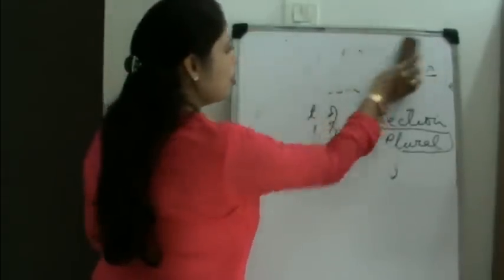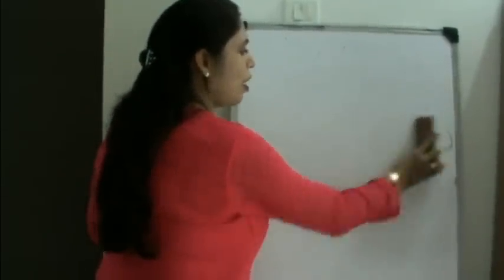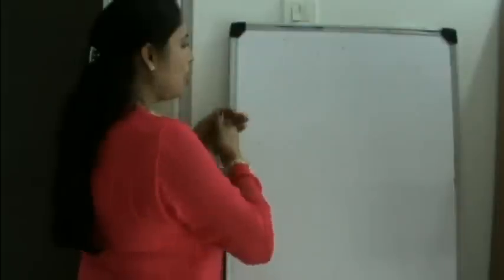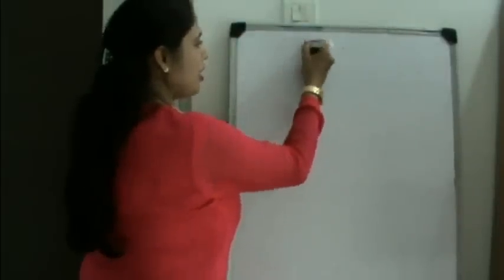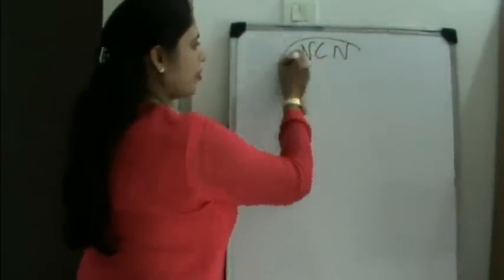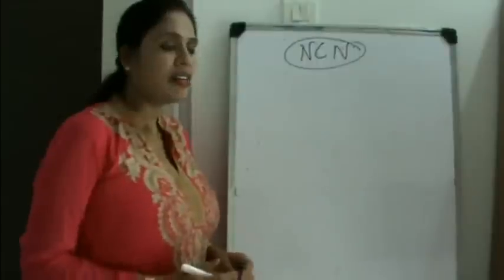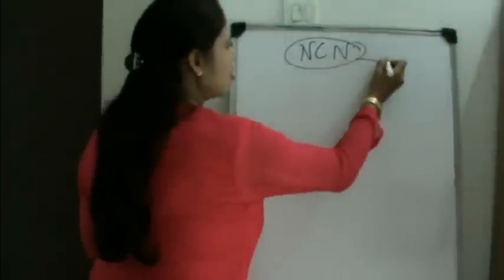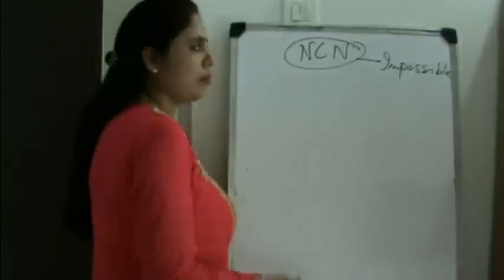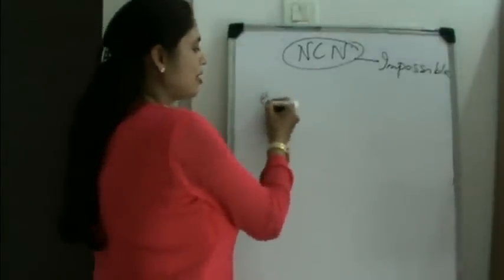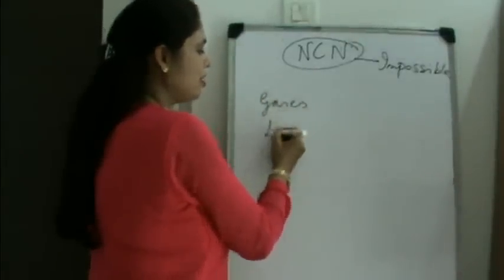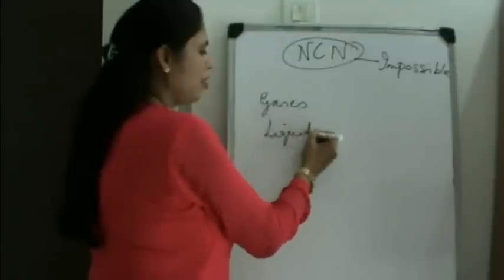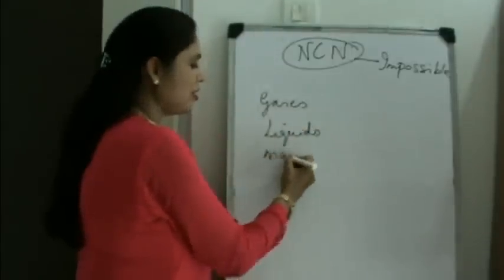Now I come over to the next category of nouns, that is non-countable nouns or NCNs. We can't count a noun because of two reasons. Either it is impossible to count them. For example, I say gases, liquids, or materials.